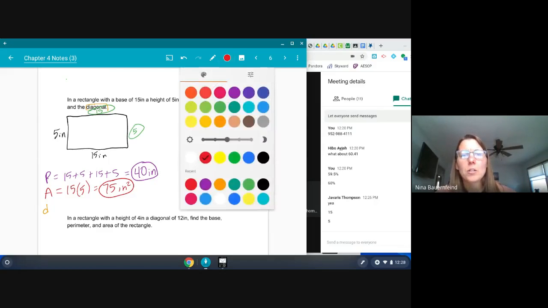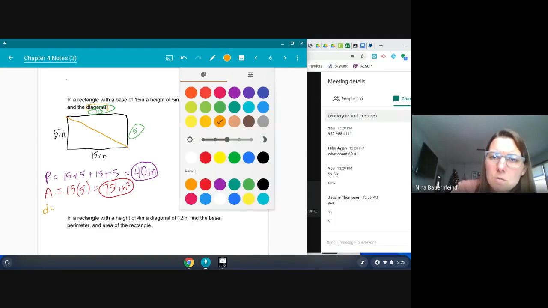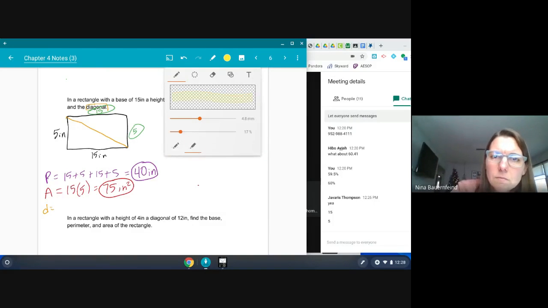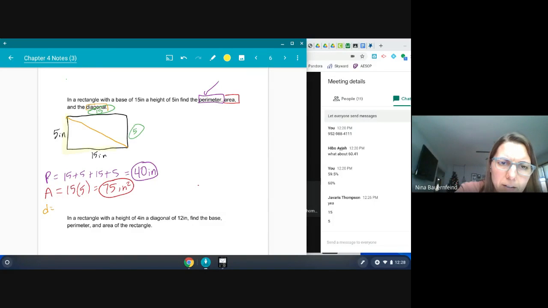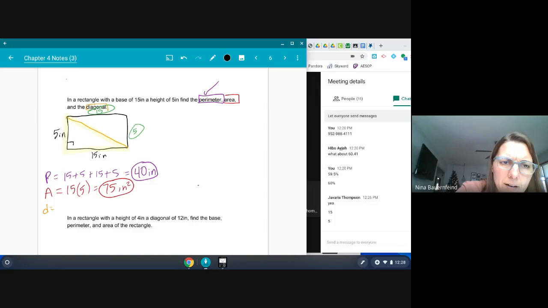All right, now here's where we've got to do some hard work, a little more heavy lifting. With this one, we're trying to find this diagonal. That's what this is. But do you notice we've got a right triangle here? Because remember, rectangles have corners like that.